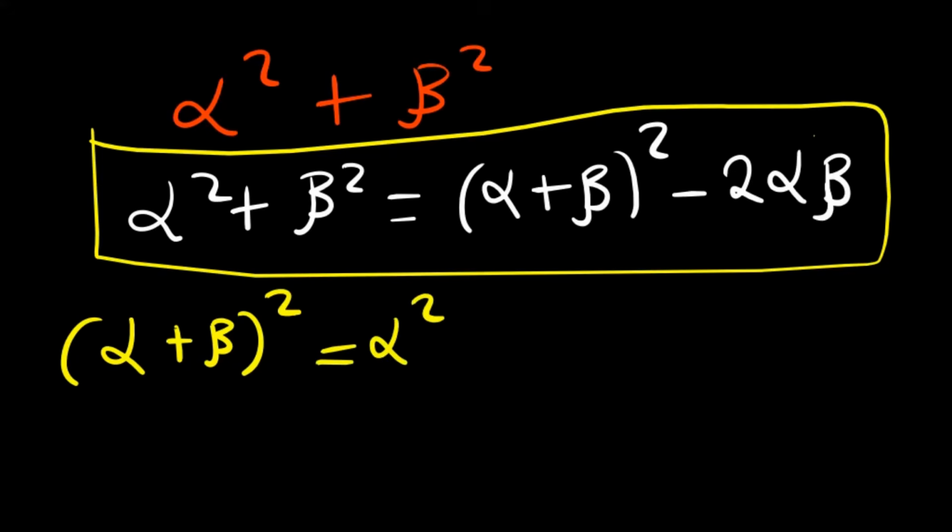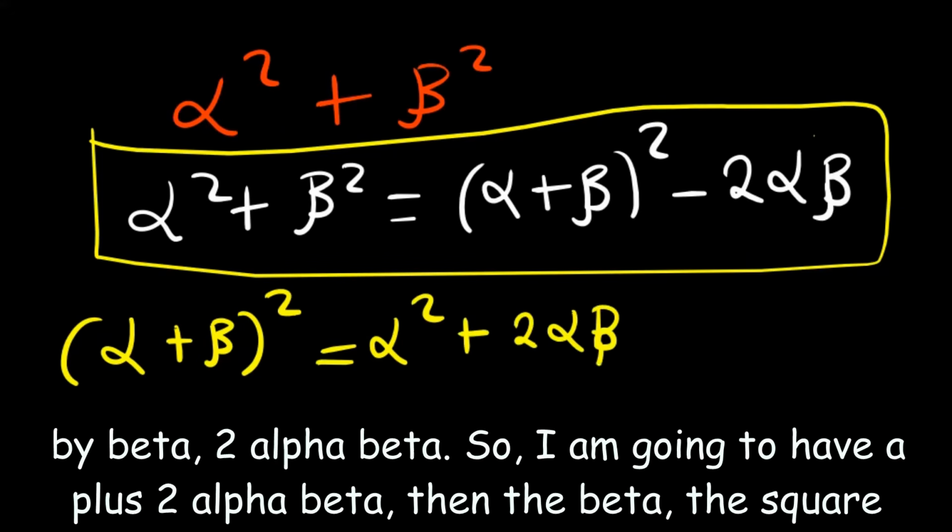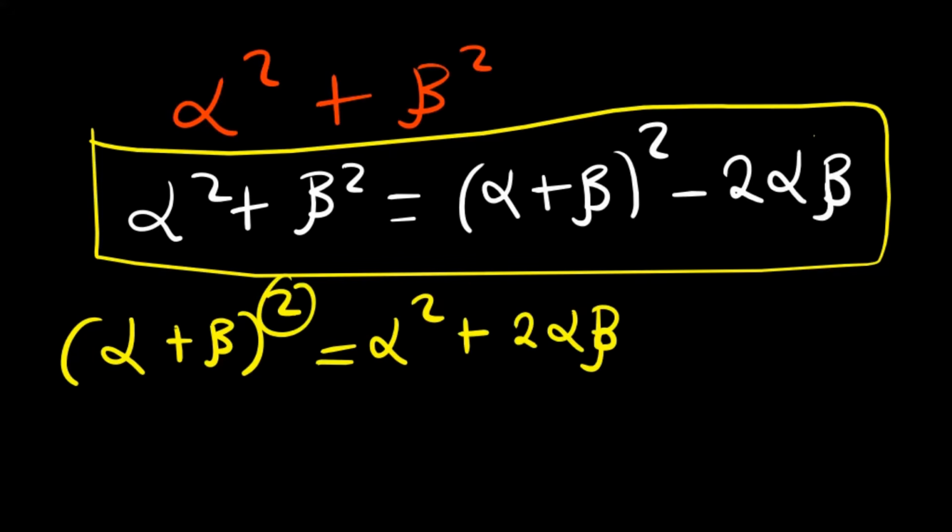Then alpha multiplied by beta is alpha beta, and beta multiplied by alpha is alpha beta, so I'm going to have plus 2 alpha beta. Then the square is going to fall on the beta. That's how we quickly solve quadratics. So basically that is what we have.